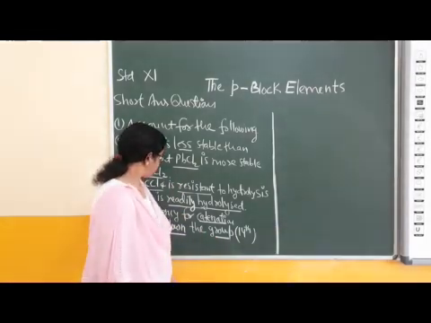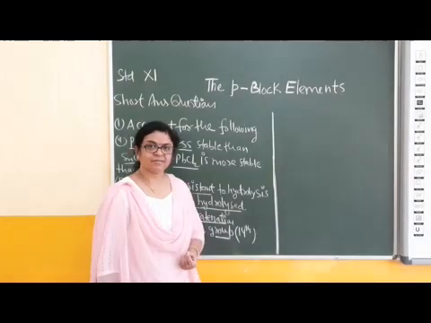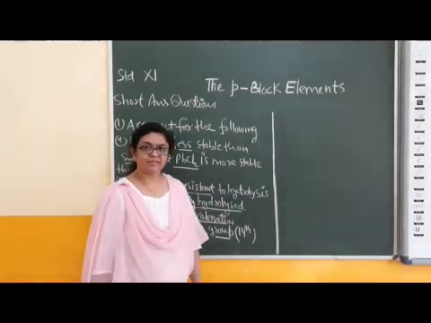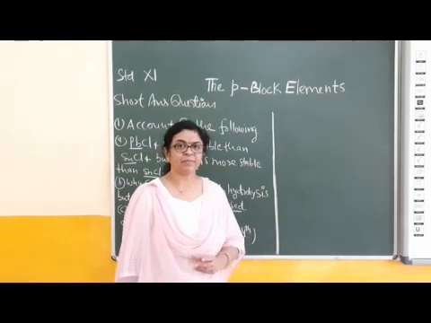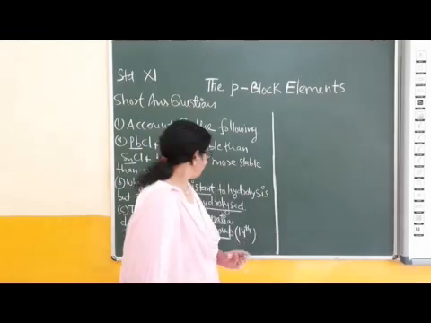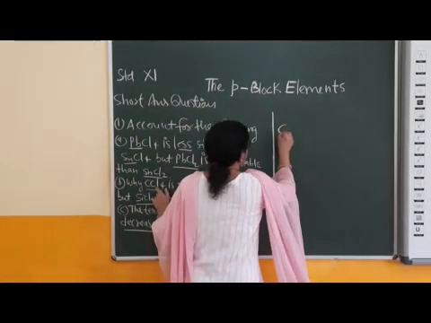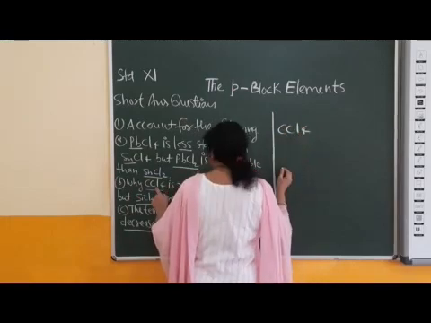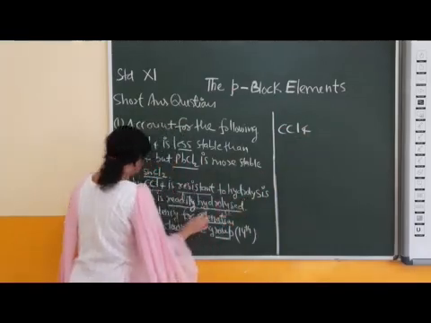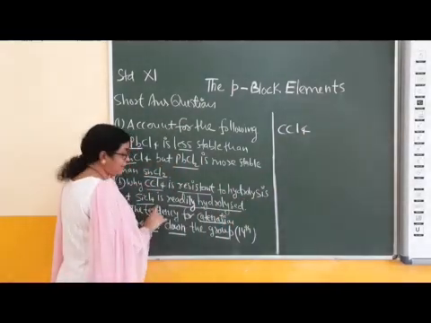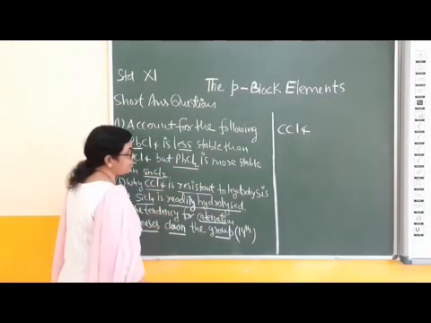What happens in hydrolysis of a halide? The lone pair of electrons is easily accepted in d orbitals. Okay, children? Carbon tetrachloride resists hydrolysis, but silicon tetrachloride is readily hydrolyzed.